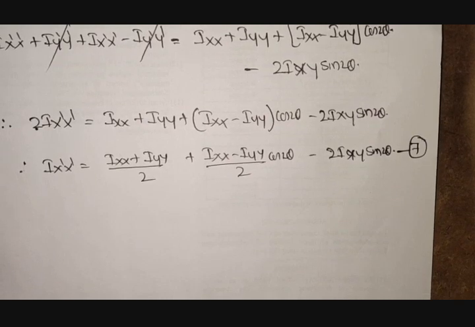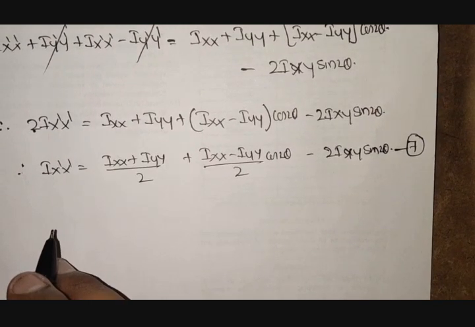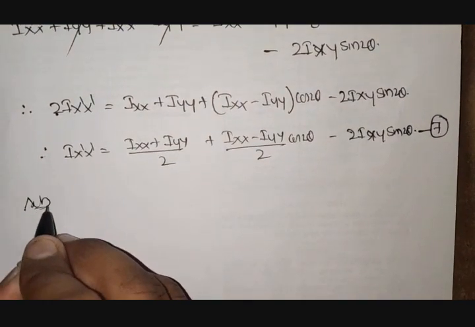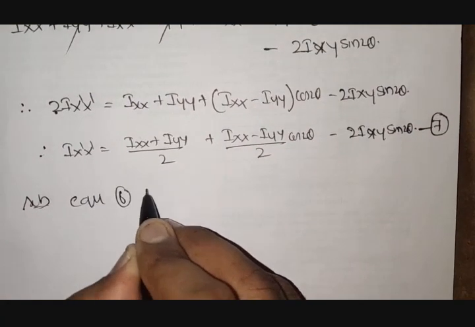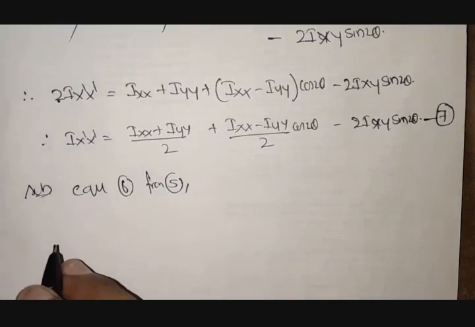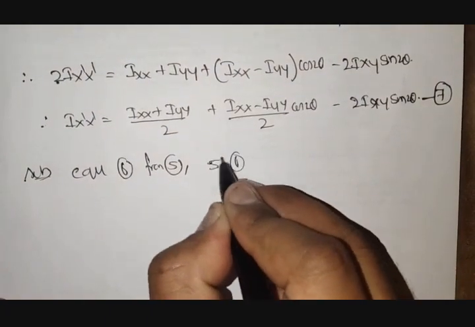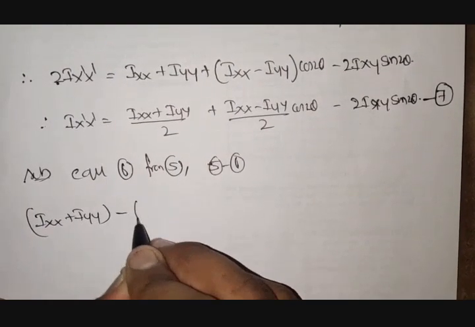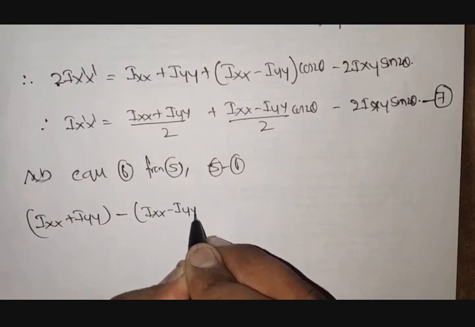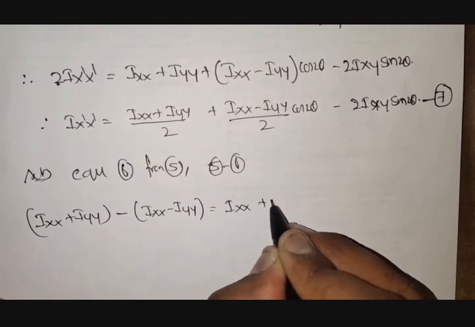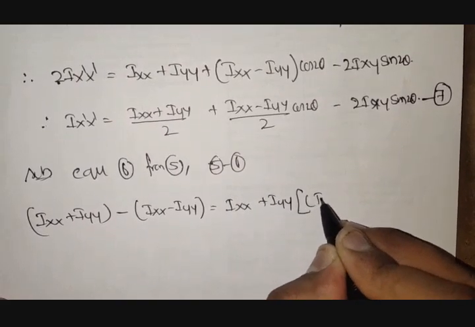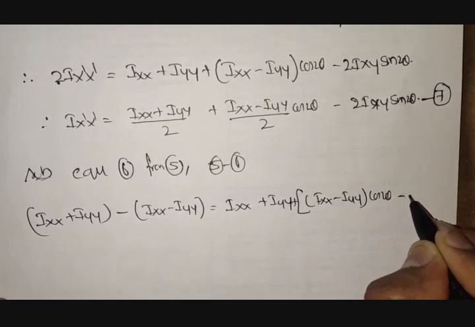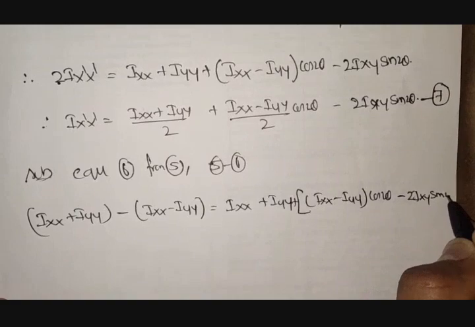If I subtract, nothing but equation 6 minus 5, then, subtracting equation 6 from 5, nothing but 5 minus 6, I get Ixx plus Iyy minus (Ixx minus Iyy) is equal to Ixx plus Iyy plus (Ixx minus Iyy) into cos 2 theta minus 2Ixy into sin 2 theta.